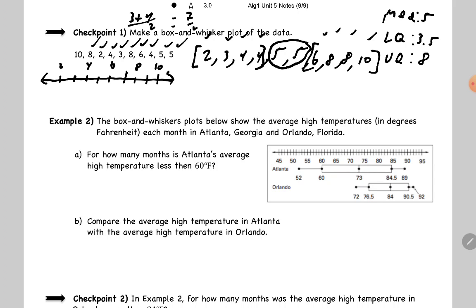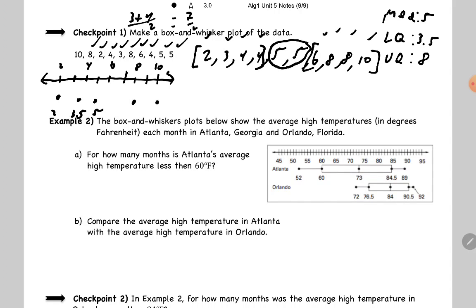Okay, so our lowest value is 2. Our lower quartile is 3.5. Our median is 5. Our upper quartile is 8.